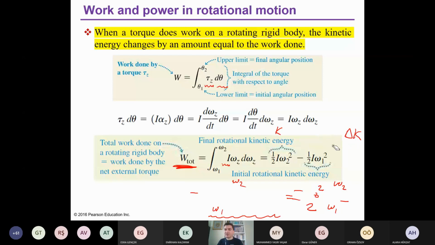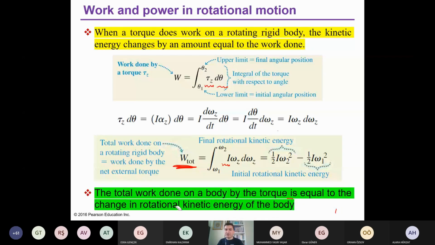This is the initial rotational kinetic energy of the body on the right side, and this is the final rotational kinetic energy of the body on the left side. And the change in the rotational kinetic energy gives us the total work. Any question here?